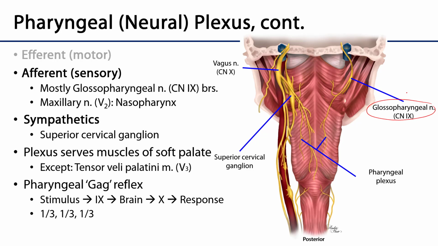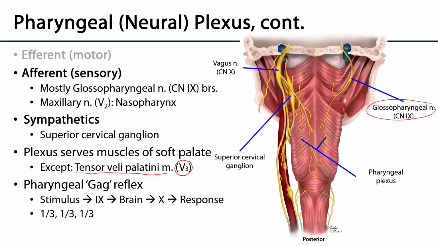The exception among all of these soft palate muscles is the tensor veli palatini muscle, we'll hear about that in a subsequent session, which is not served by the pharyngeal plexus, not efferently innervated by vagus, but rather by a branch of V3, which is the mandibular division of the trigeminal nerve.